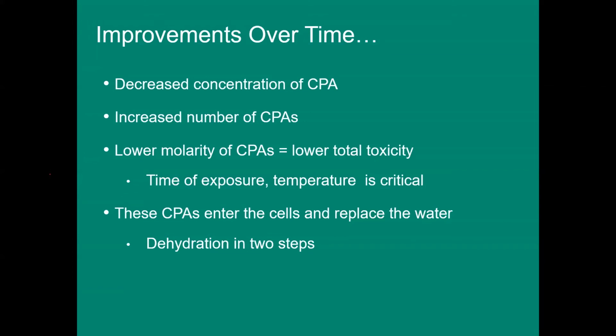We learned that the cells are more permeable to cryoprotectant at a higher temperature, but more resistant to the toxic effect at a lower temperature. So this is all what we use to balance adding the cryoprotectant with avoiding the cytotoxicity effect.